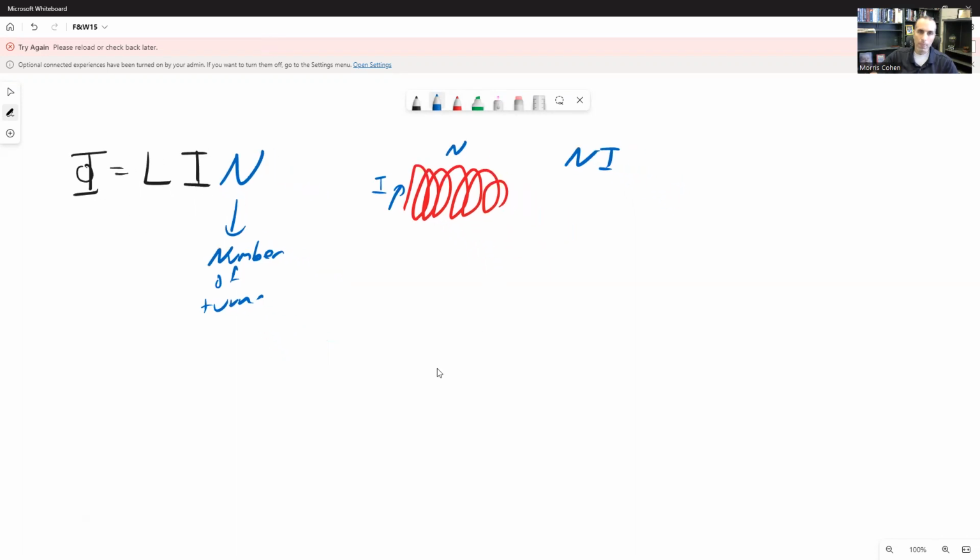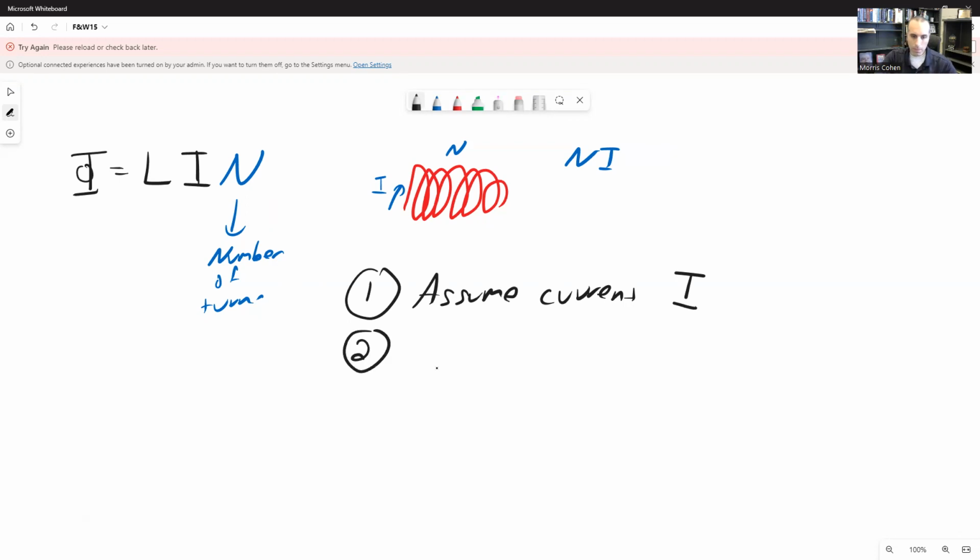All right, so the way you calculate inductance basically has 4 steps. The first is to assume a current, I. Step 2 is to calculate either the magnetic field or the magnetic flux density that results from the currents.